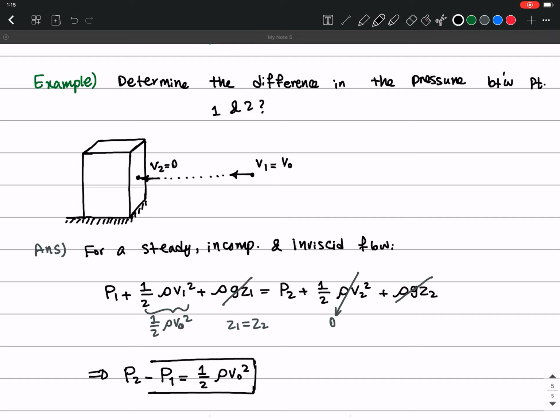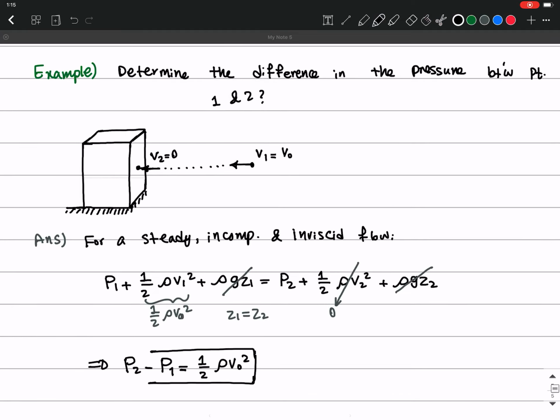So this means that the pressure at point 2 is higher than pressure at point 1. And how much higher? It is 1/2 rho V naught square. So the higher the initial velocity, the higher this difference is.